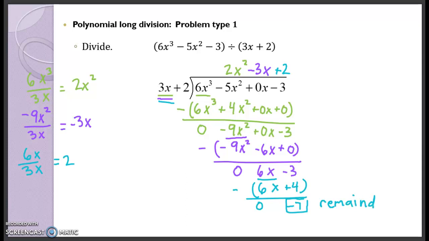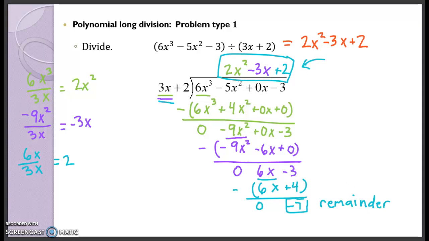And then your quotient is 2x squared minus 3x plus 2. So this whole division can be written as 2x squared minus 3x plus 2, our quotient, plus our remainder over our divisor.